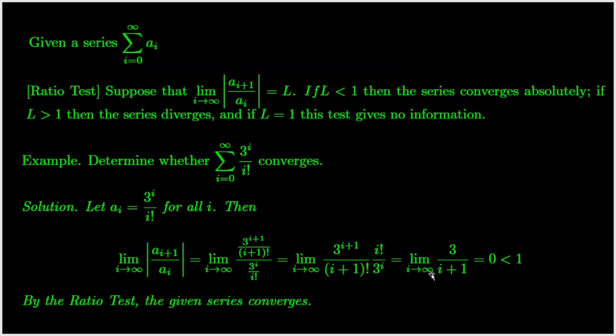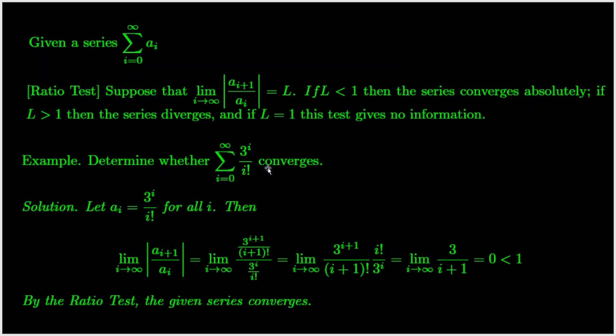It means as i, the index, gets larger and larger positive, you can see the quotient gets tinier and tinier, I mean, getting closer and closer to 0, right? So you see the limit is equal to 0. Because 0 is less than 1, the series converges.